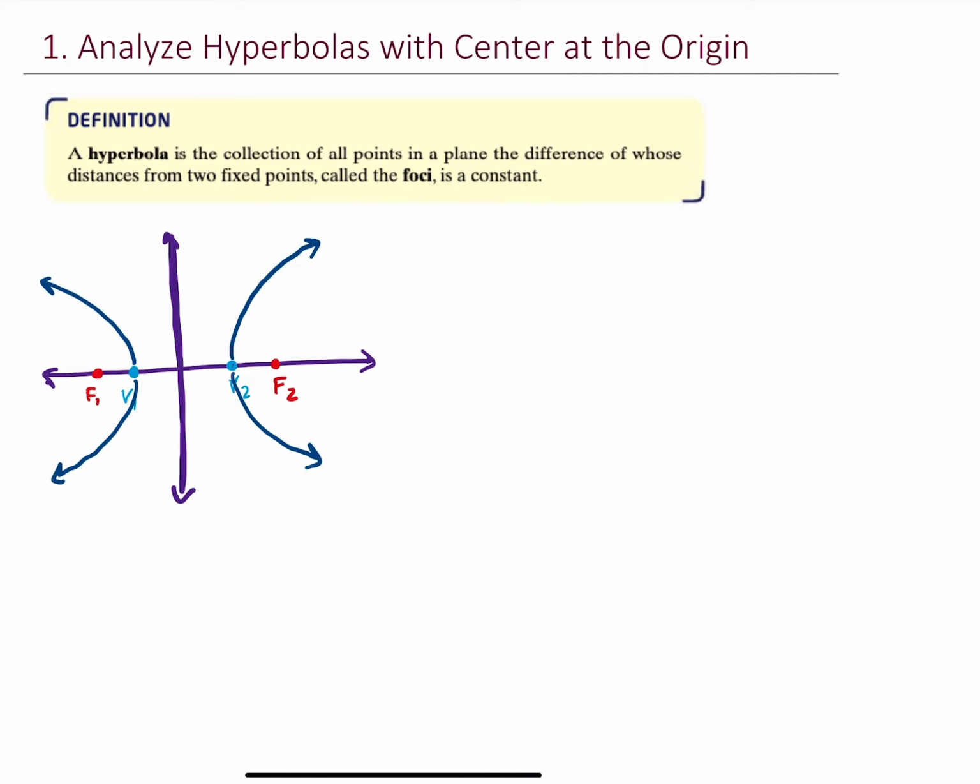This axis that contains the focus points and the vertices, we had called that the major axis for ellipses. In hyperbola, this is called the transverse axis. And then the other axis that goes through the middle is called the conjugate axis.